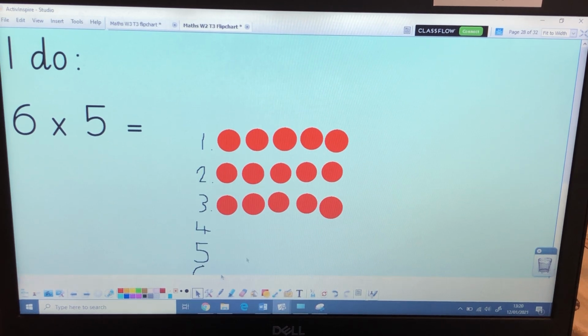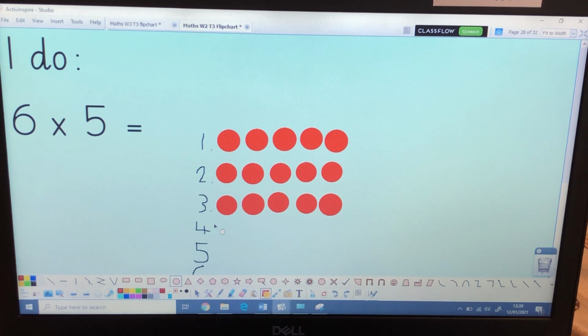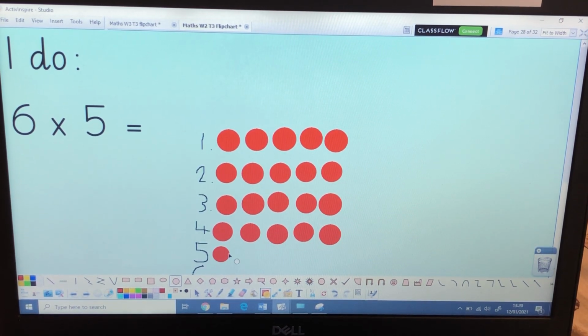I'm going to move that one slightly up a little bit. Okay, let's go again. 1, 2, 3, 4, 5. 1, 2, 3, 4, 5.